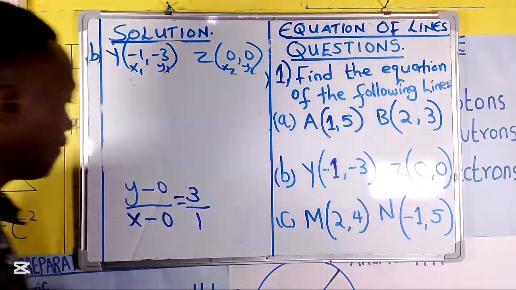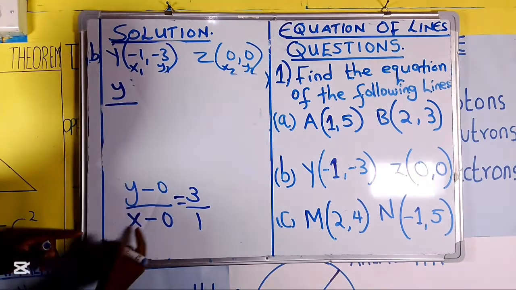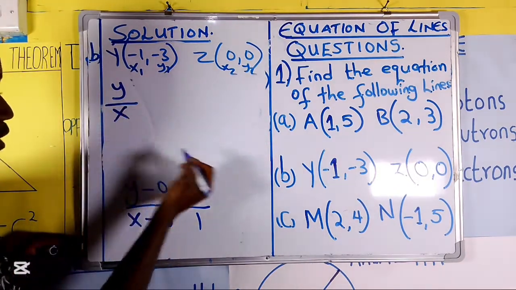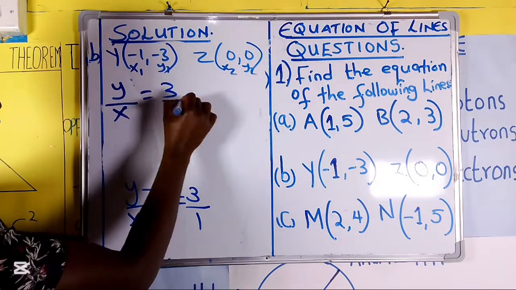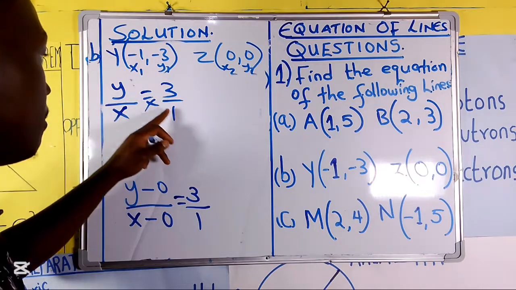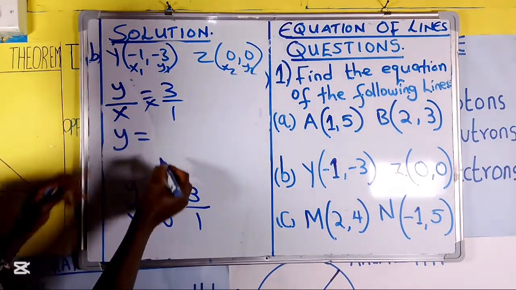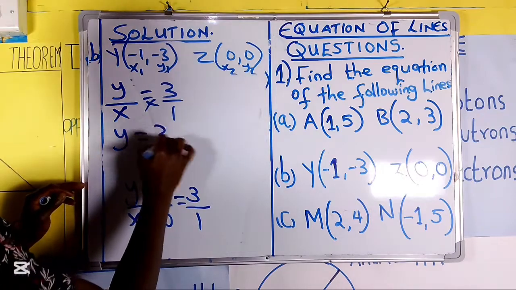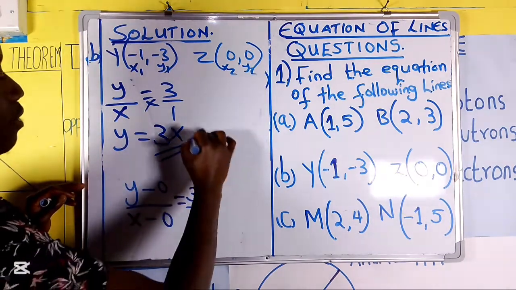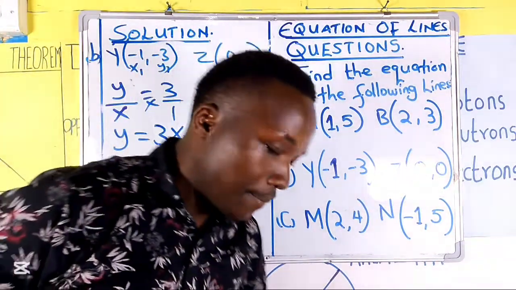And we will have y minus 0, which is y, over x minus 0, which is x, equal to 3 over 1. Once we cross multiply, y multiplied by 1 is y, equal to 3 multiplied by x, which is 3x. So our equation is y equals 3x.